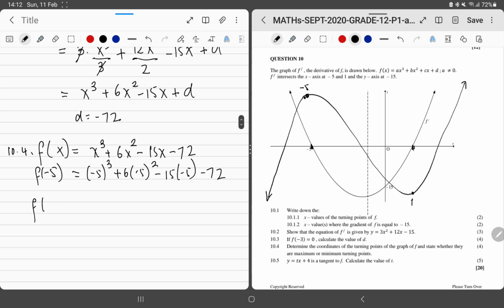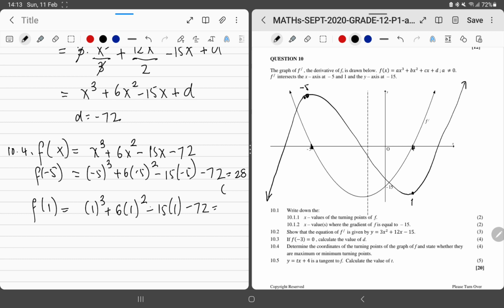And then the other one is at 1 cubed plus 6 into 1 squared minus 15 into 1 minus 72. -5 cubed plus 6 into -5 squared minus 15 into -5 minus 72. So that's a 28.